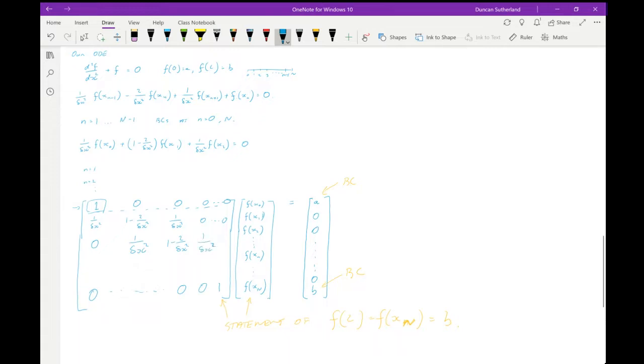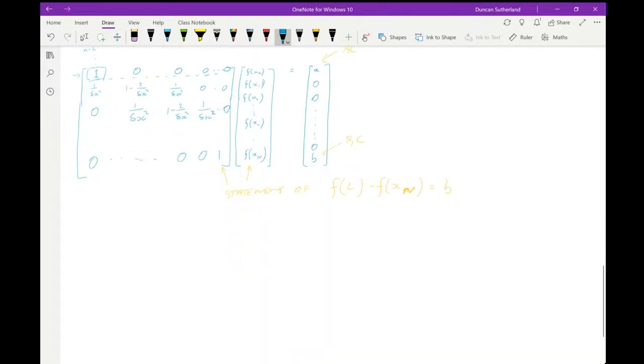is going to keep going, right? I'm going to get a matrix which has entries that are just 3 diagonal bands, right? Except for 1 there and 1 in the corner there. This band is going to be one of the delta x squared.